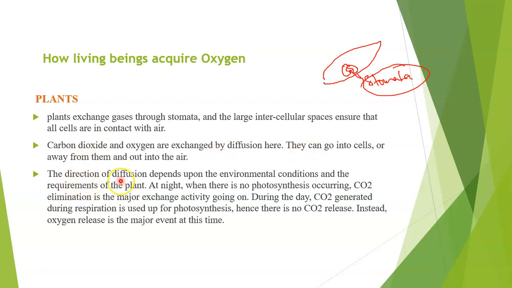Now the direction of the diffusion. ठीक है, you have studied in chemistry कि diffusion का rate बहुत factors पे depend करता है. तो same way यहाँ पे diffusion किस direction में होगा and at what rate it will happen, it depends on the environmental conditions and the requirement of the plant. ठीक है, environmental conditions means whether it's a sunny time or a rainy time. और requirement कितनी है plant को, मतलब required है कि नहीं है.